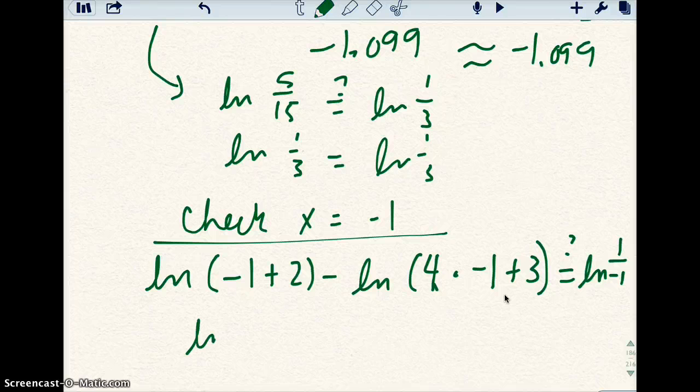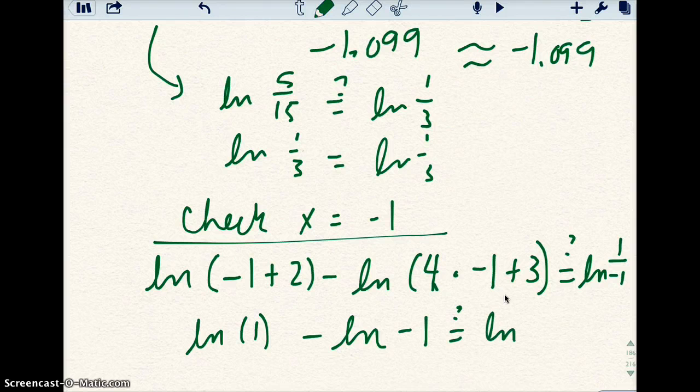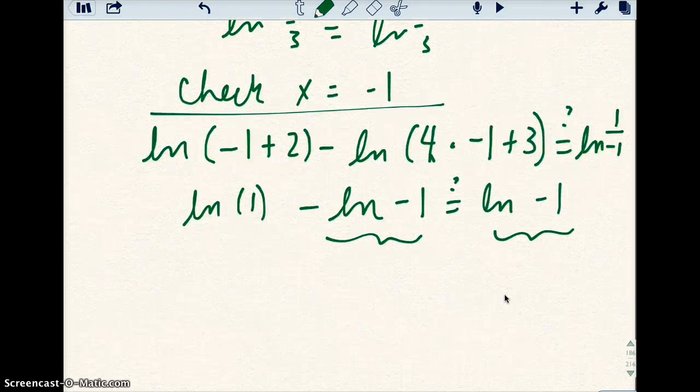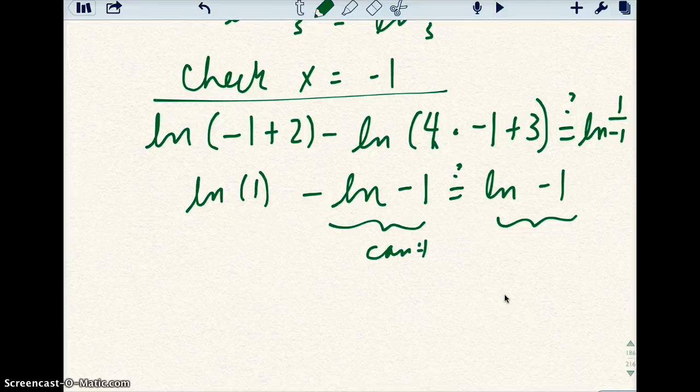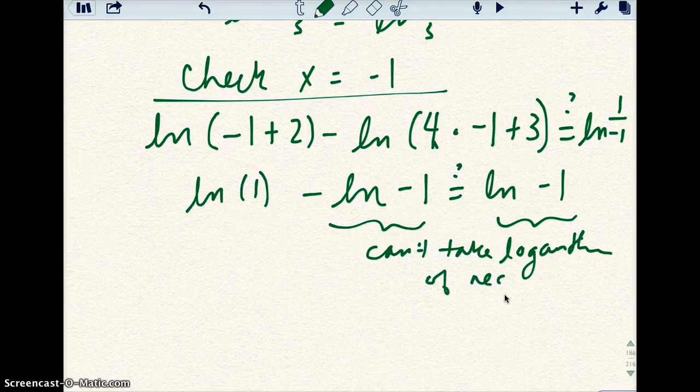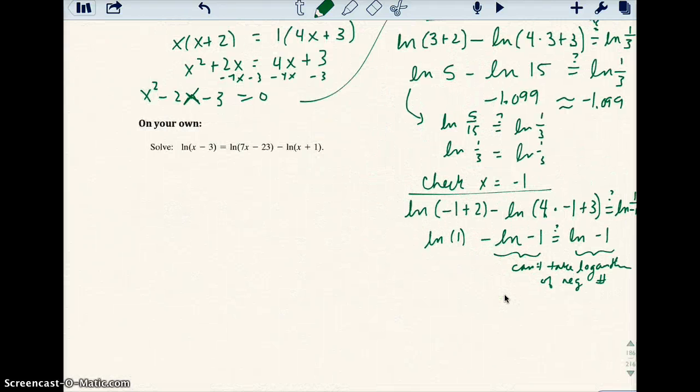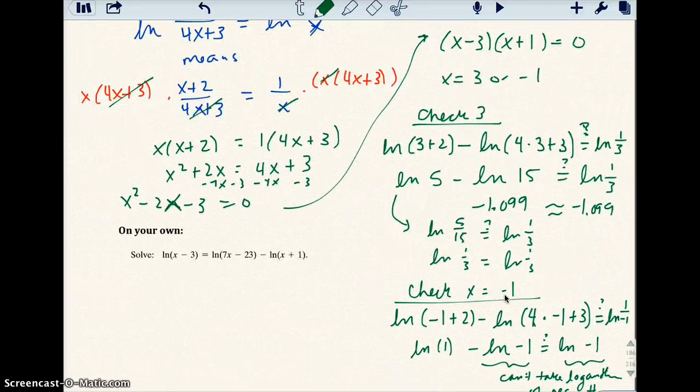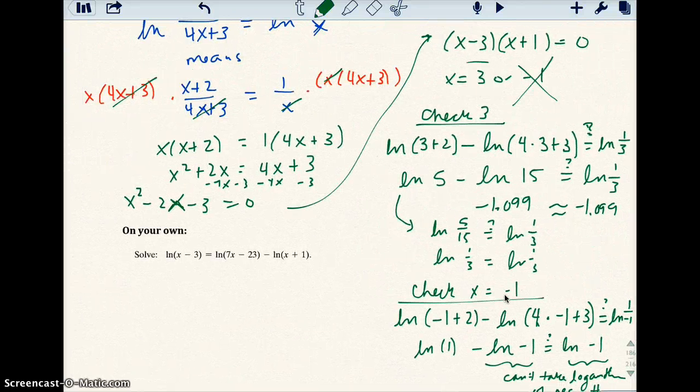Well, this right here would be the natural log of 1 minus the natural log of negative 1. Does that equal the natural log of negative 1? And you can't take the logarithm of a negative number. So negative 1 would not be a solution. So the only solution I have would be 3, so I'll call that one out and circle it.